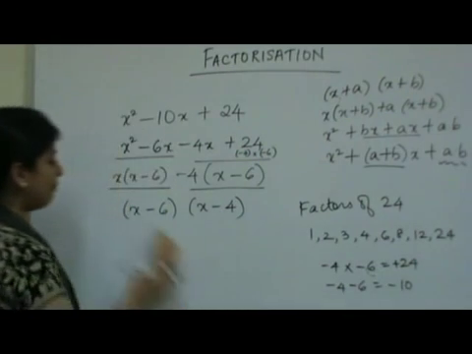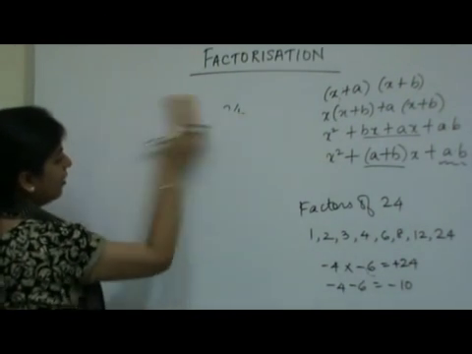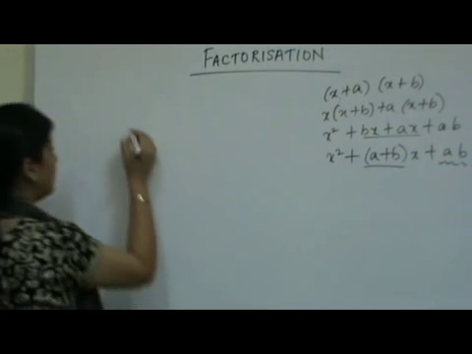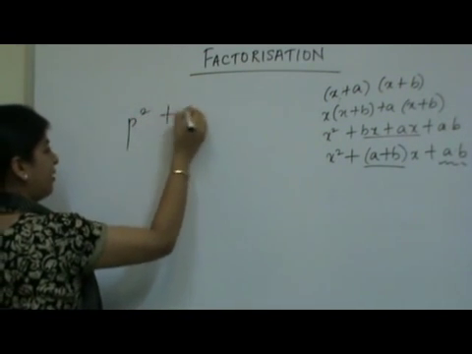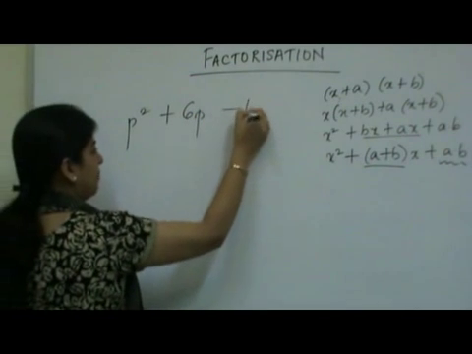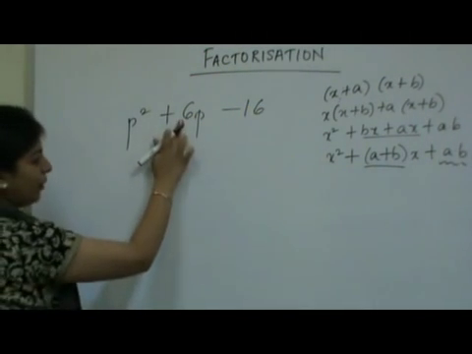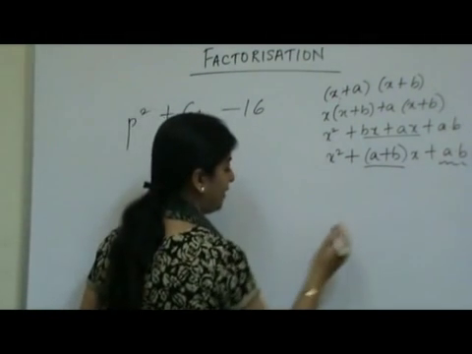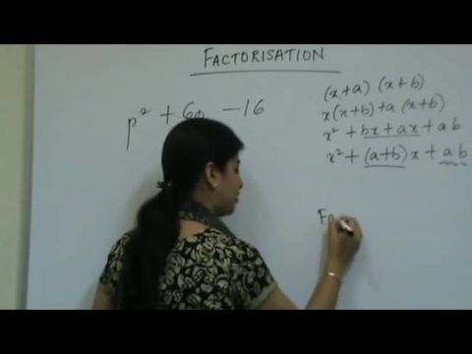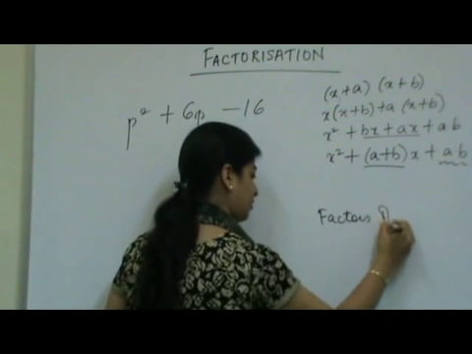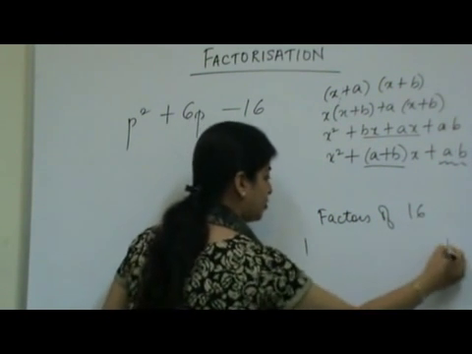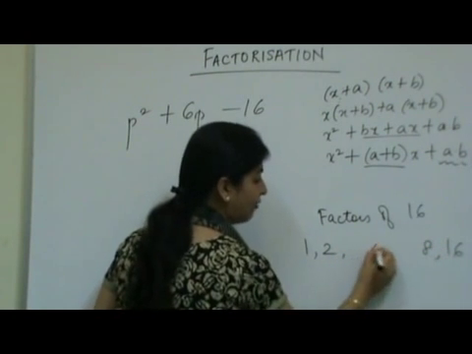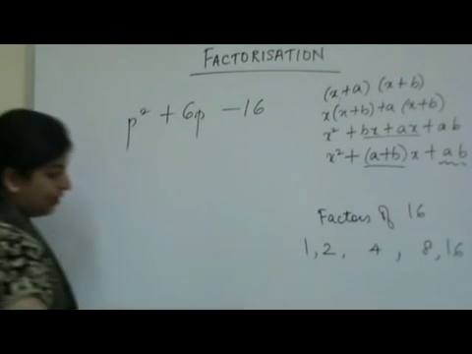Let us take one more example. p squared plus 6p minus 16. Now we need the sum to be plus 6 and the product should be minus 16. So factors of 16: 1 into 16, 2 eights are 16, and 4 fours are 16.